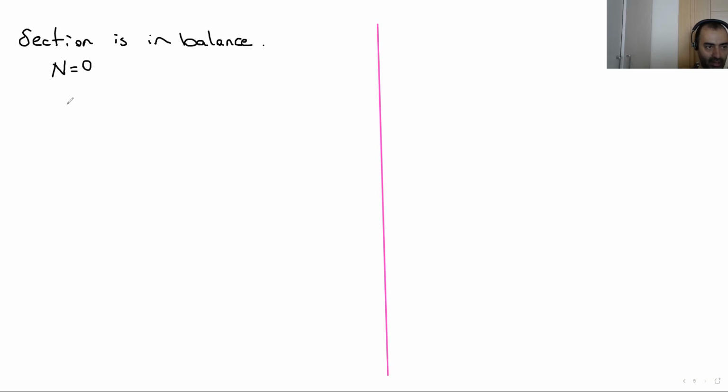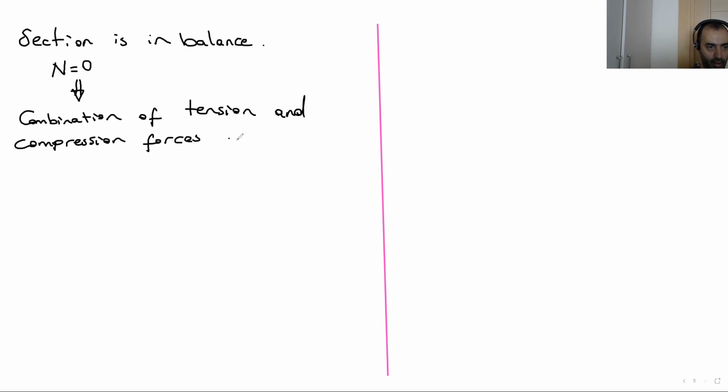So that means the combination of tension and compression forces on the section is 0.